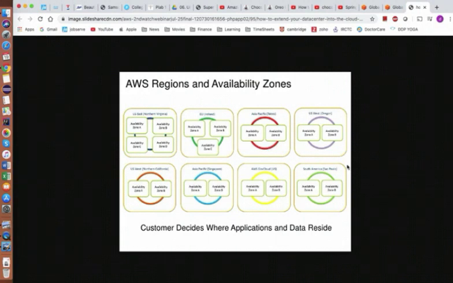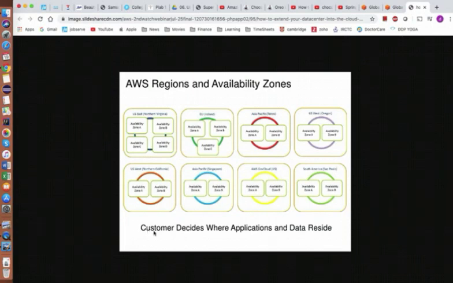As I said earlier, a region should have at least 2 zones. In this diagram, Ireland has 3 zones, US East, Northern Virginia has 4 zones, and Singapore has 2 zones. But for something to be called an AWS region, it should have at least 2 zones, and each zone should have at least 2 or more data centers.